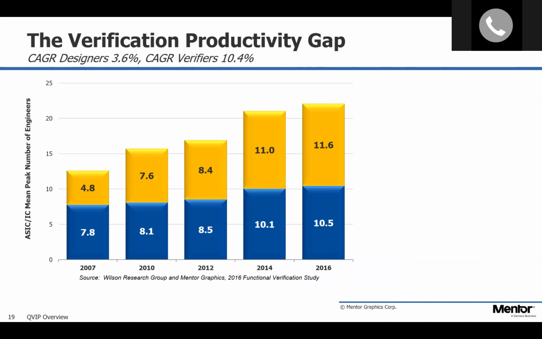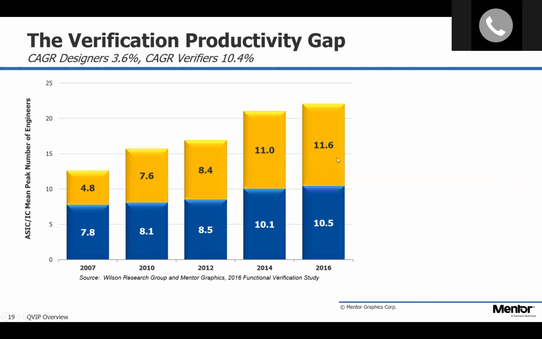So this is from some studies that we do on a periodic basis, and it's probably a mixture of FPGA, and this is all ASIC. So this is saying on any given ASIC project, 10 years ago, it was about 2 designers for every verification engineer.